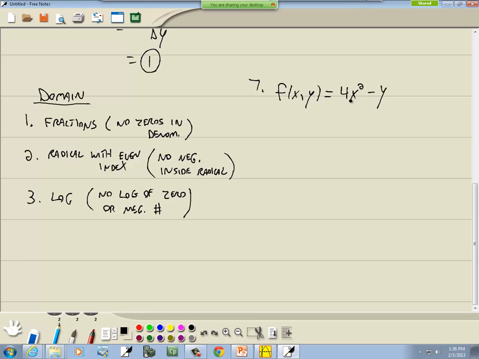Everything's a nice polynomial, which implies I can put anything in there. So for our domain, you could write the domain is the set of all x, y values, our points, such that, so the vertical bar here, such that x is any real number, and y is any real number.